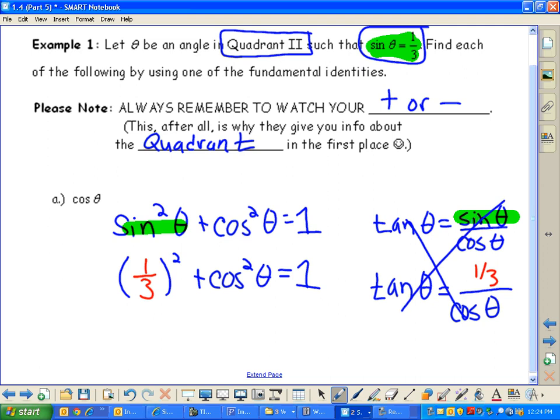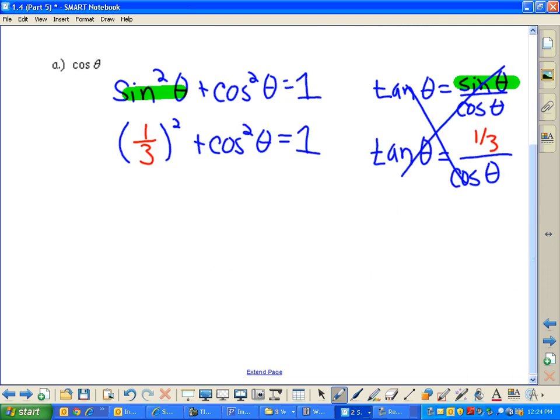I have to use the Pythagorean identity now to solve for cosine. So I'm going to square 1/3. You know how to square a fraction. You square the top, you square the bottom. So this will be 1/9 plus cosine squared theta equals 1. And then to get cosine squared by itself, you have to peel off those layers to isolate cosine.